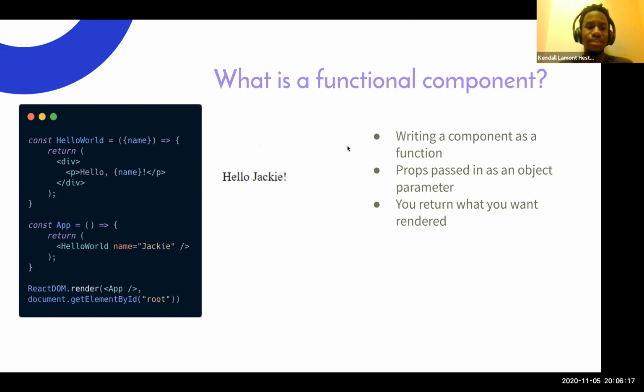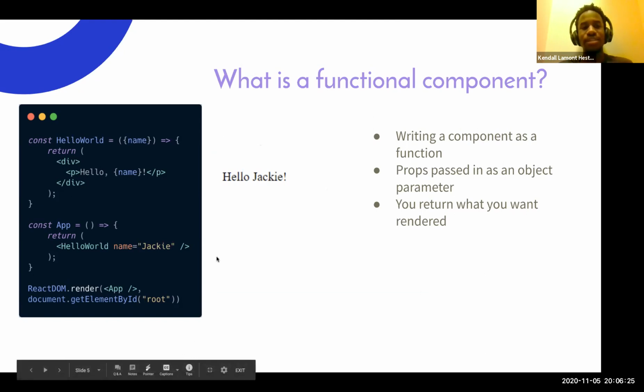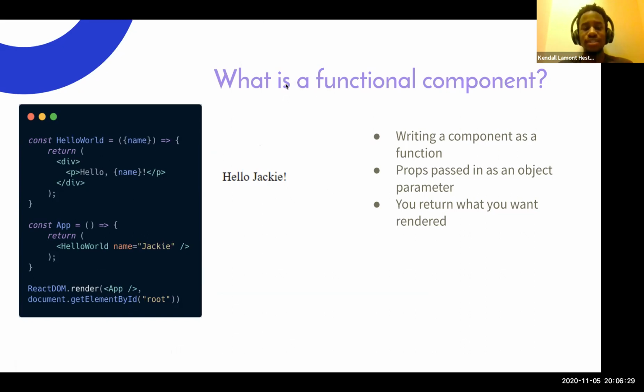So in our Hello World example, we expect a name prop, which is pretty much just a string. We then display this using the syntax with curly braces. This is where the JSX part comes in. Then in the app, which is also a component and can be seen as the central component, we pass in name as a prop, and for the name we pass in Jackie. And now you can see that's rendered in the central image.